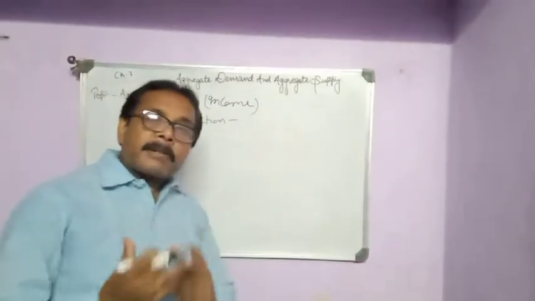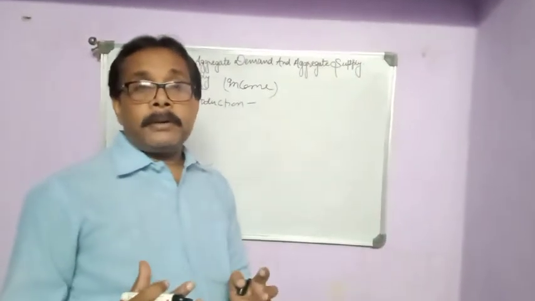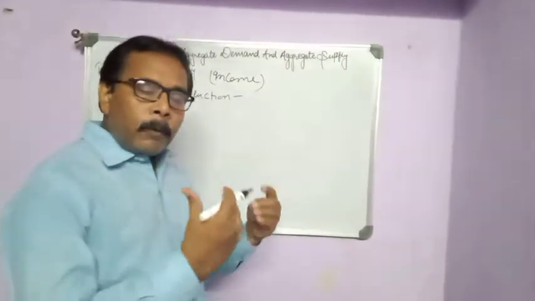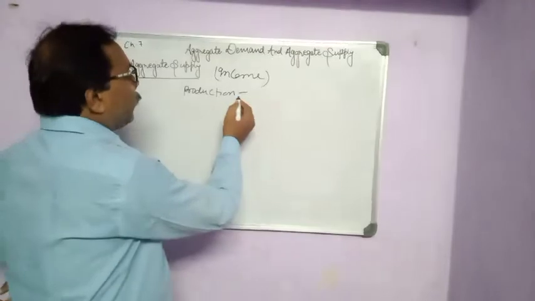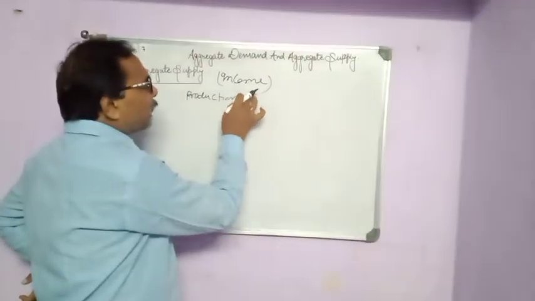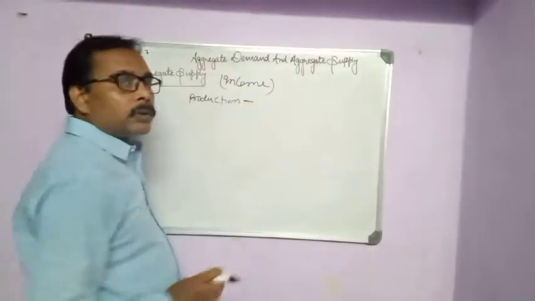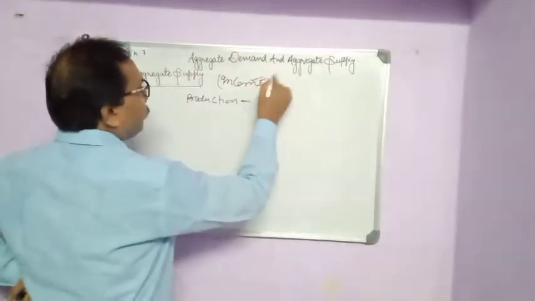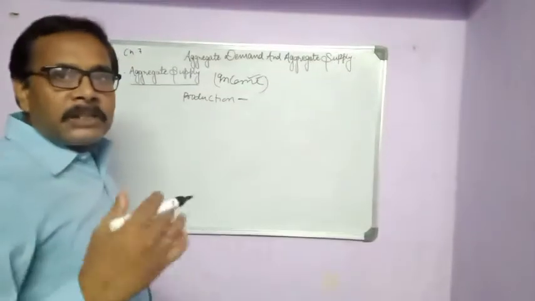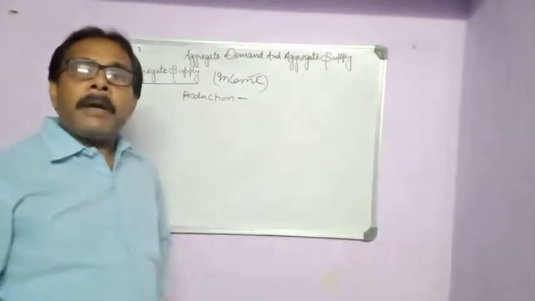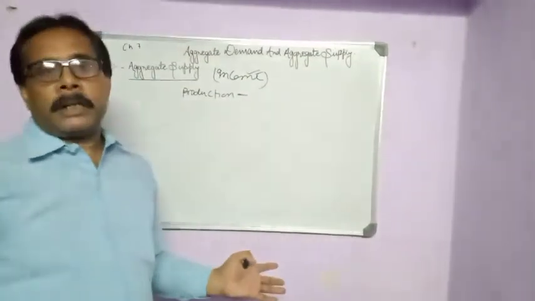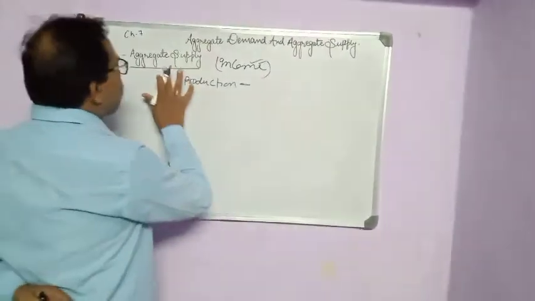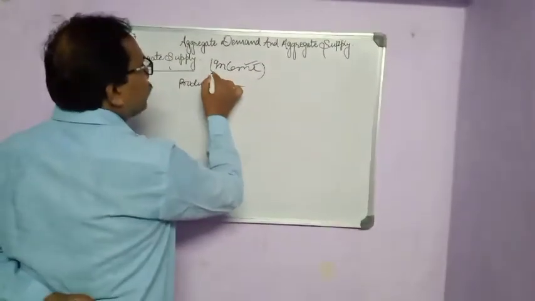And every factor of production gets a reward for its contribution. So that is the income which is generated by the producer. It is distributed among the 4 factors of production in the form of reward. So we can say aggregate supply is the income.